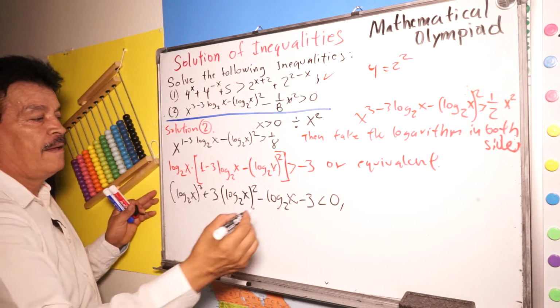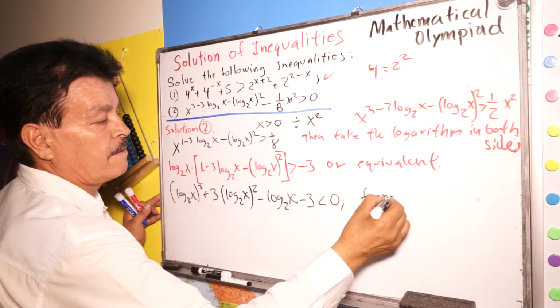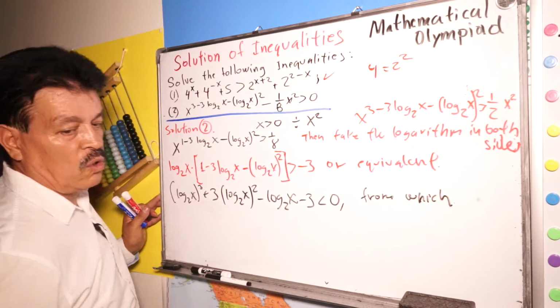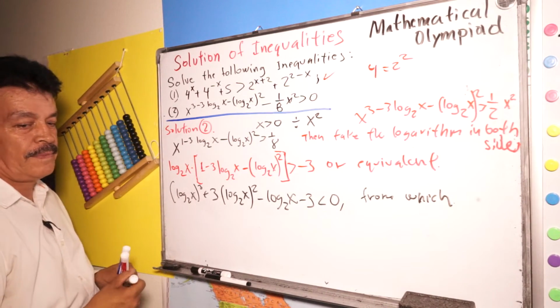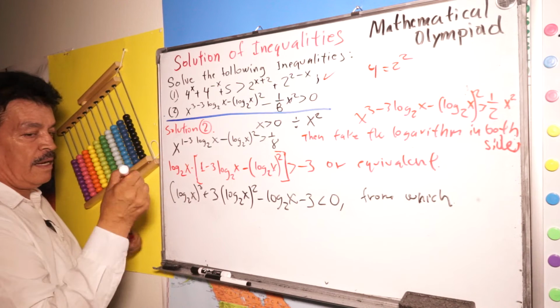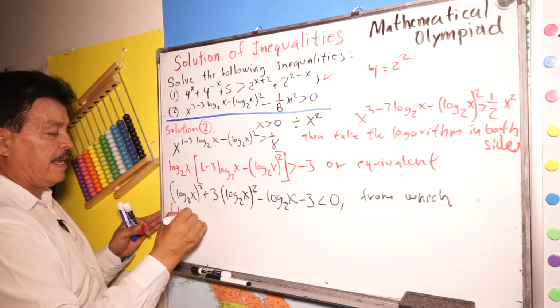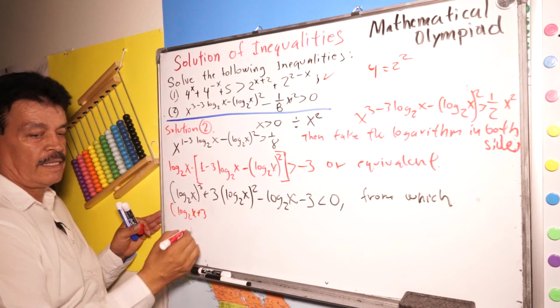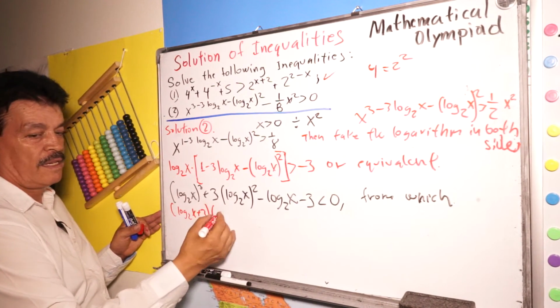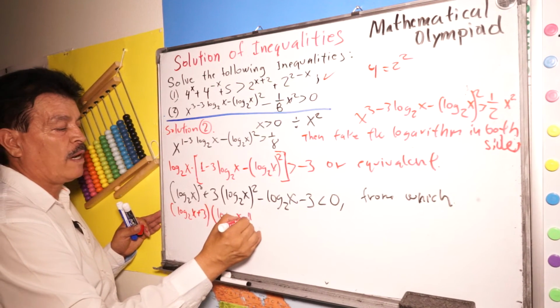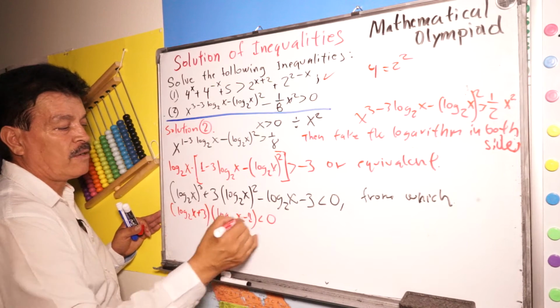From which we will have log 2 x plus 3, times log 2 x minus 1 less than 0.